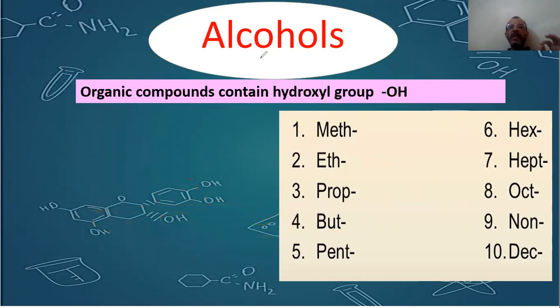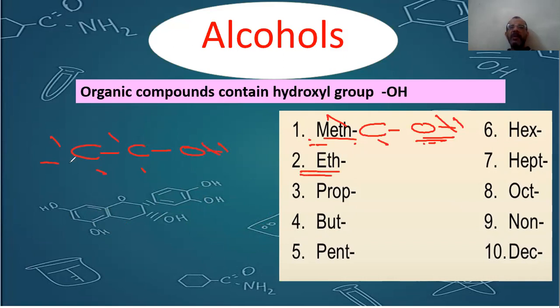How can we name alcohol? We add OL at the end of the compound name. If the compound contains one carbon atom, C OH, what can we name it? Methanol. If the compound contains two carbon atoms, what can we call it?